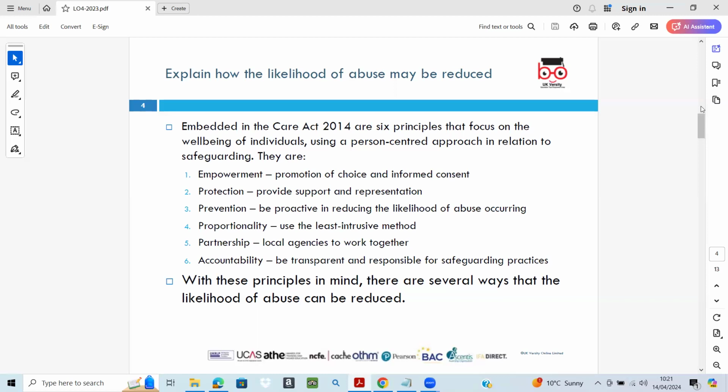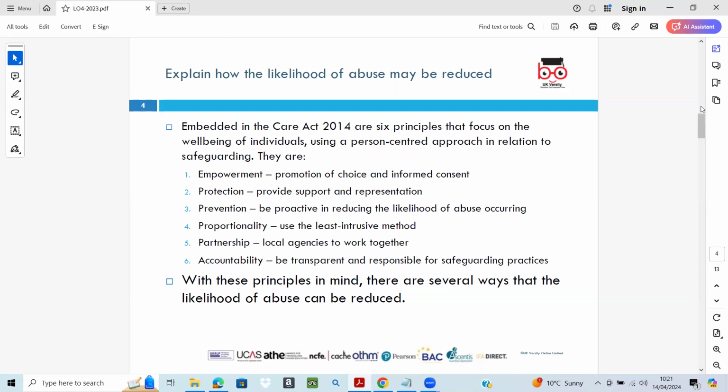This principle is about promoting choice and informed consent, and it is important in reducing the likelihood of abuse because empowerment allows individuals to make their own decisions and have control over their lives, which can make them less vulnerable to abuse. When individuals are informed and involved in their care decisions, they are more likely to speak up if something is not right.